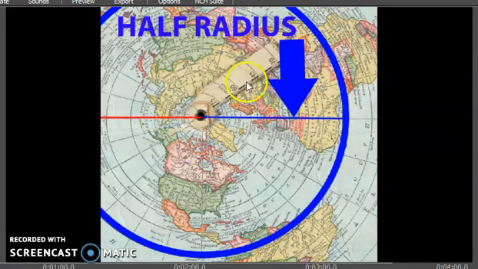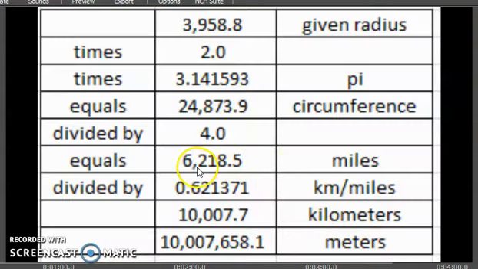So it looks like the distance from the North Pole to the equator, or half the radius of the flat Earth, is 6,218.5 miles, and this number can be used to make other calculations about the flat Earth.